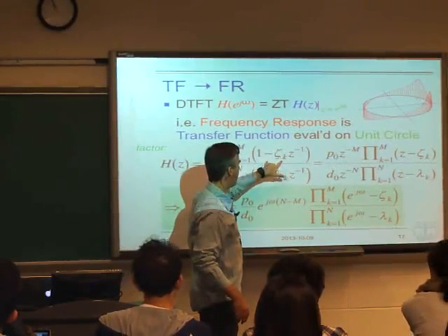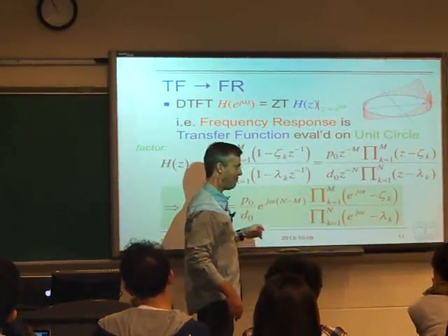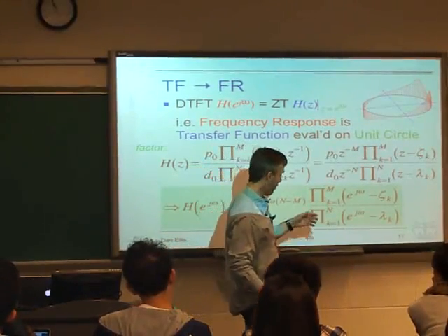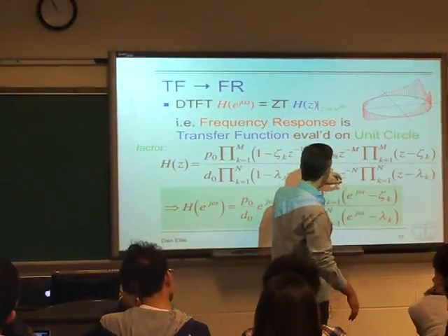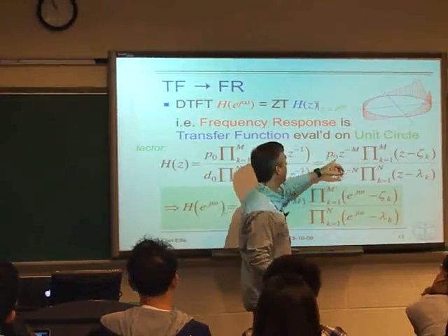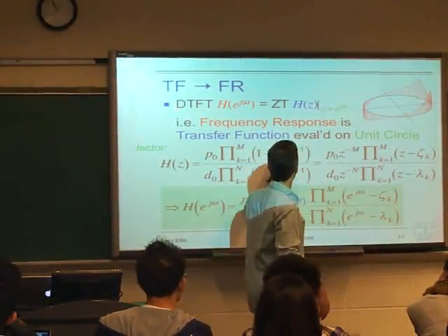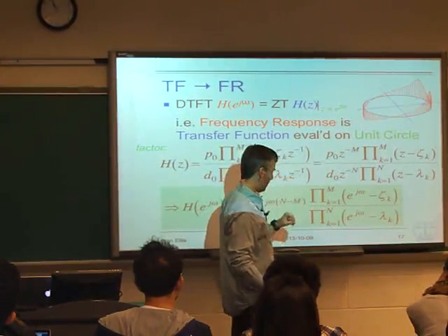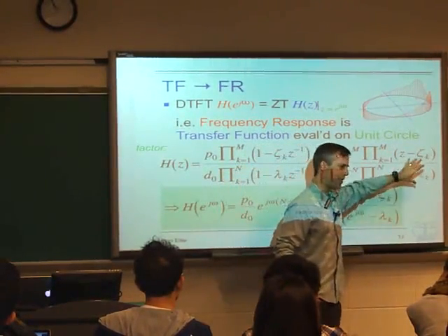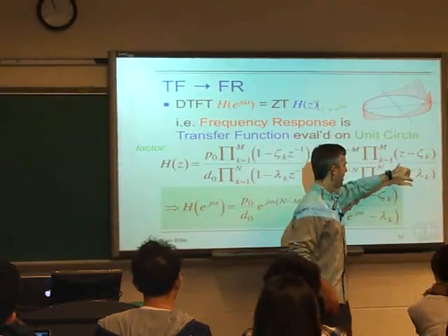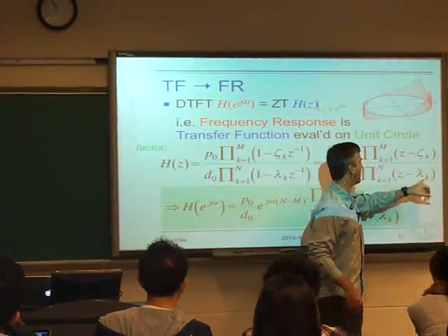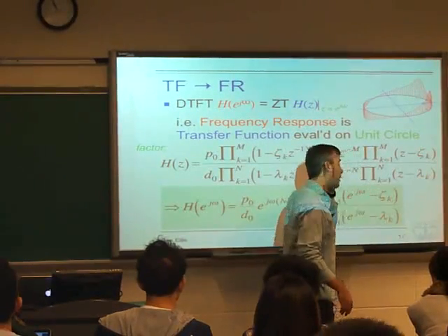That's how we write it when we're trying to get an expression in z to the minus m, z to the minus k. But if we divide through by z to the m and z to the n, then these terms just become simple z minus zeta, z minus lambda. It's just to make it obvious that this is a pole when z equals zeta, this is a pole when z equals lambda.